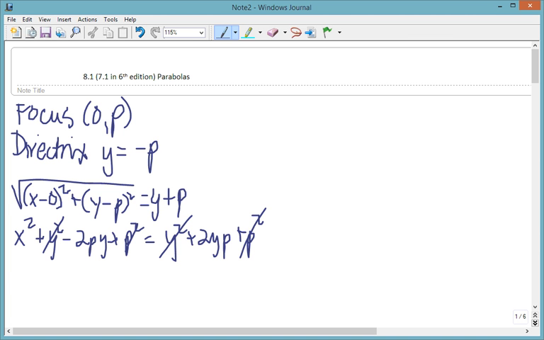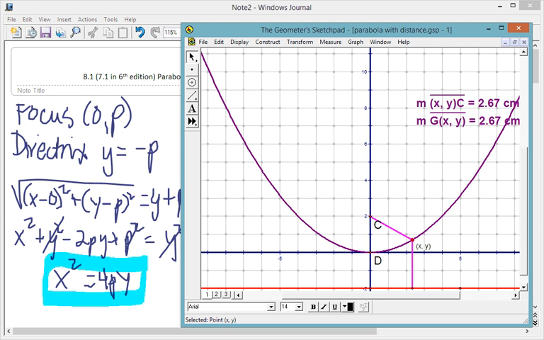If I add the 2py to the other side, I end up with x squared equals 4py. Okay, that is my general formula for the parabola. Okay, and remember that p is the distance from the focus to the vertex, and the x and the y are the ones on the parabola.